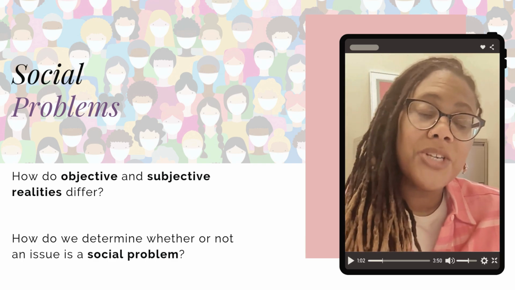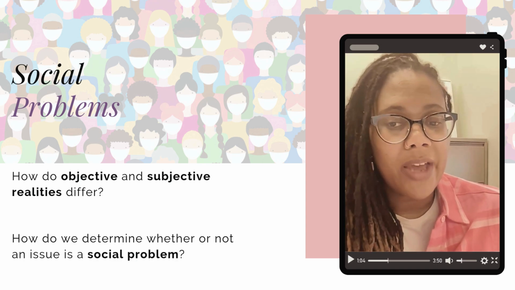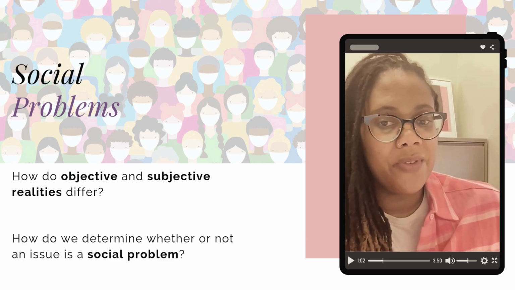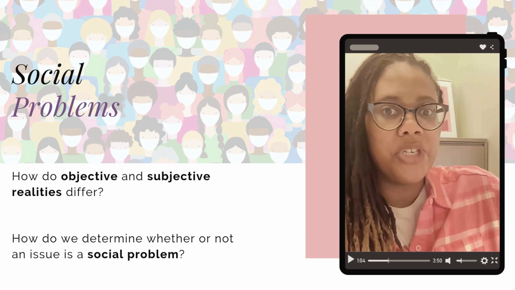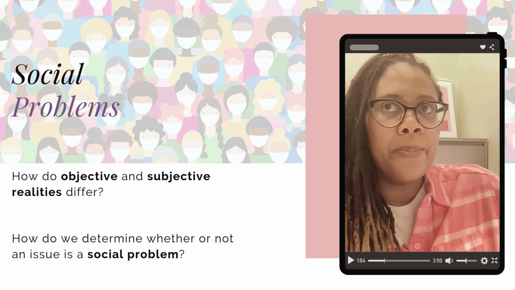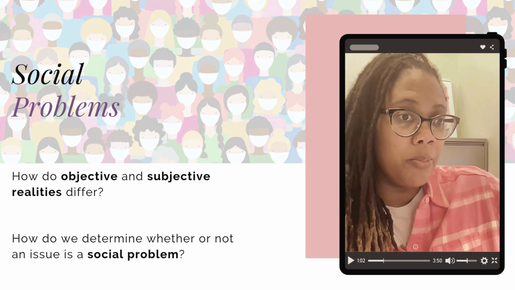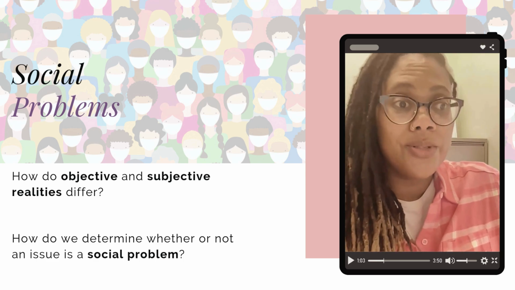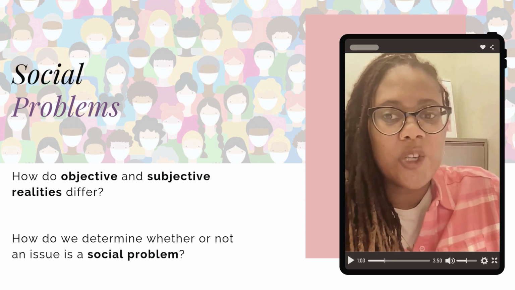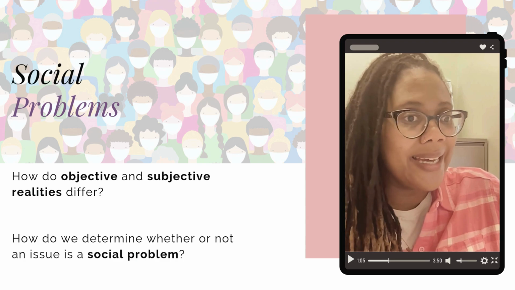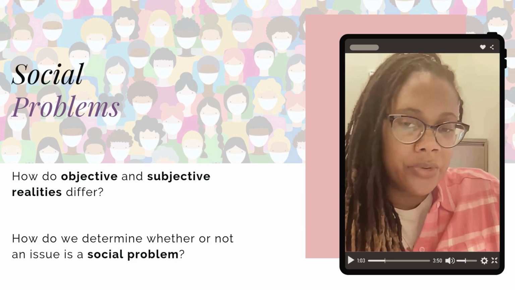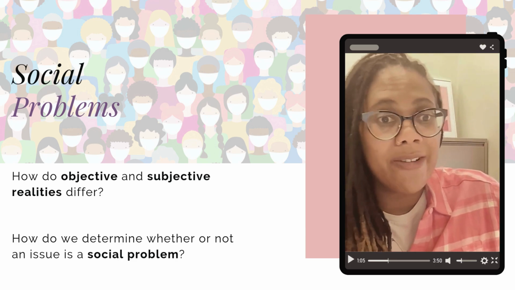Well, the same can be true for social problems, that we have different entities in society that get to create this subjective definition of what is a social problem and what is the most important social problem, right? And so, for example, when you're viewing media, you notice that all of these different media outlets come at various problems from different directions.